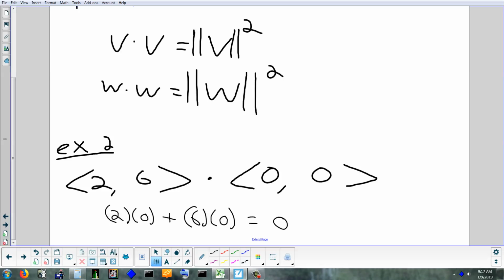So should I make it bold? No, don't make it bold. If you did something like this, that's wrong. So I just want you to understand that when you do a dot product, the answer is a number, not a vector. If you wanted to get an answer like that, that would come from doing something like this: 0 times a vector.